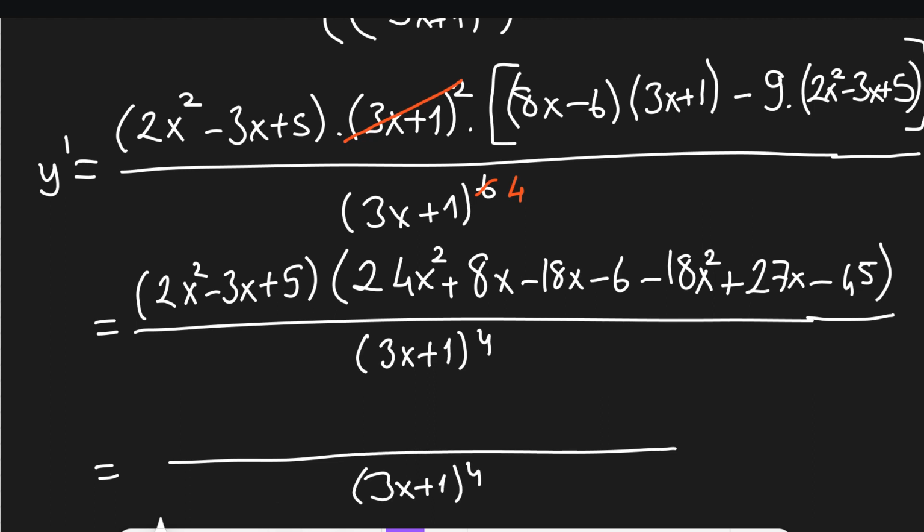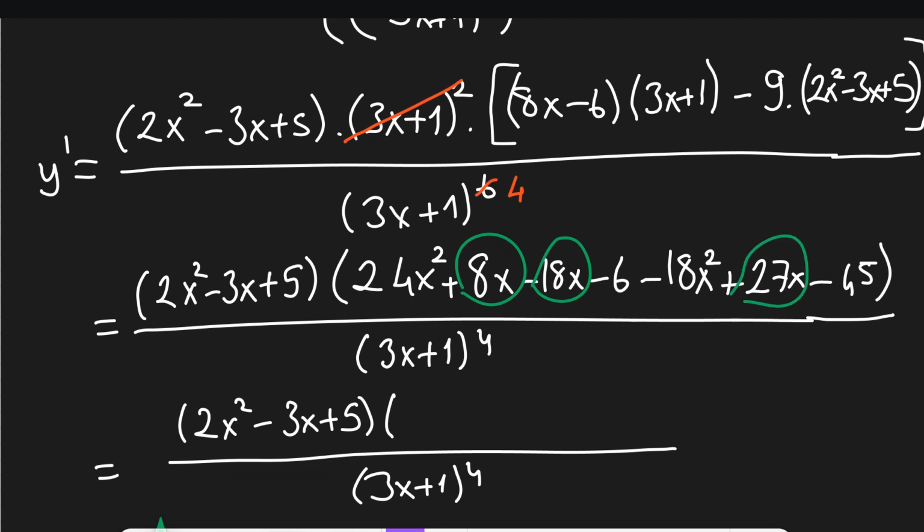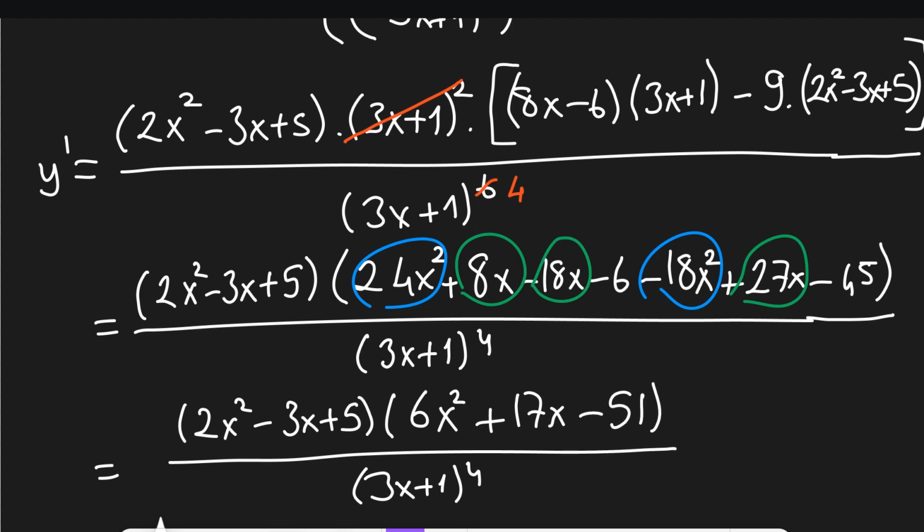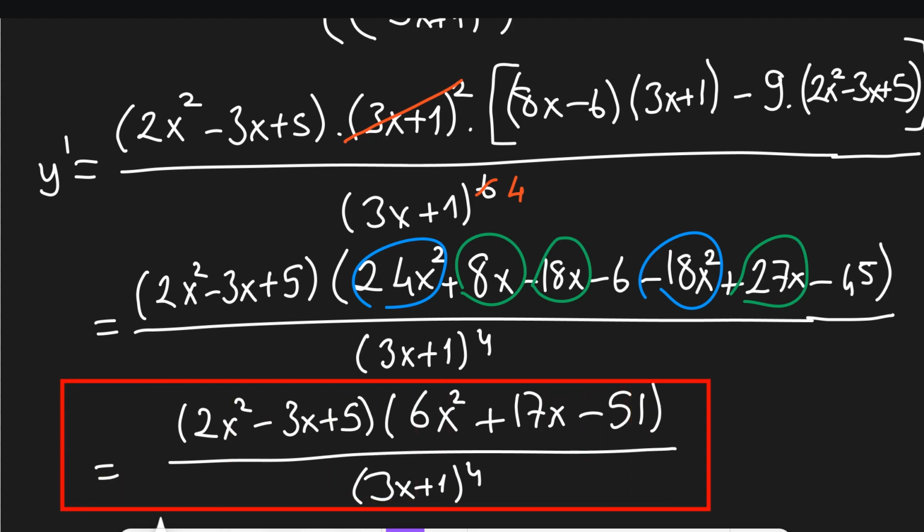I'm gonna simplify a little bit in this step. You will notice that there are similar terms such as x terms and x squared terms. Let's collect them all. 6x squared plus 17x minus 51. After all simplifying, we are left with the final answer.